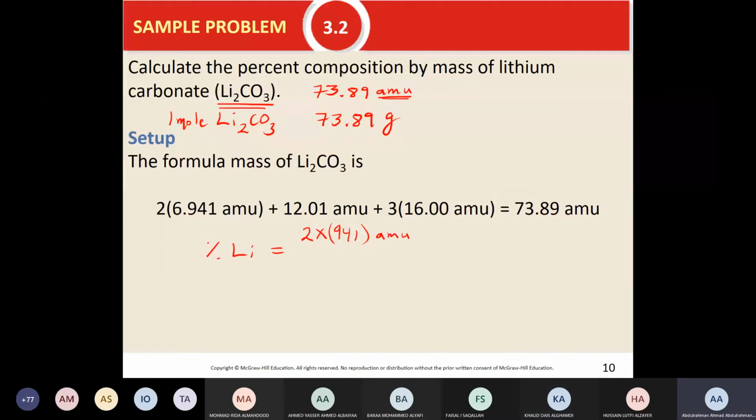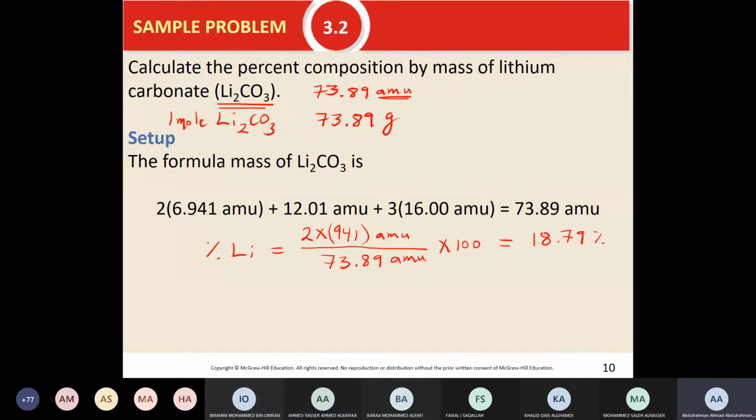AMU. Divide by what? Divided by 73.89. What's the unit? AMU. What's the answer? 18.79. Good, percent.